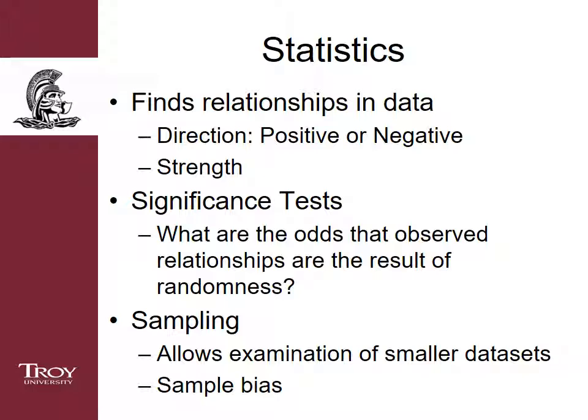And there's an established field. We kind of know the properties of these things, and it allows us to examine smaller data sets. We don't have to ask everyone their opinion about something. Generally, if you do it right, you can ask 1,200 people a series of questions and be able to explain a much larger population. Sampling is an important part of statistics and an important tool that we use.